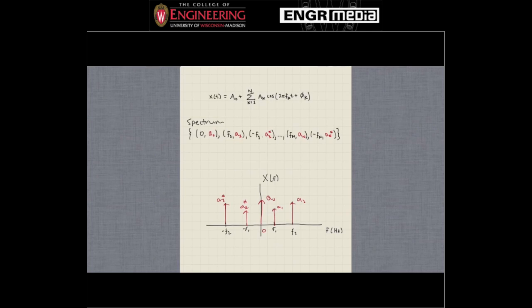So if we were given this plot where we have all the values of F1, F2, and the corresponding A1, A2, we could of course get A1 conjugate and A2 conjugate. So there's a little redundant information here, but we'd be able to get back to this original sum of sinusoids, right? So somehow the spectrum of the signal contains all the information needed to get back to the time domain signal.